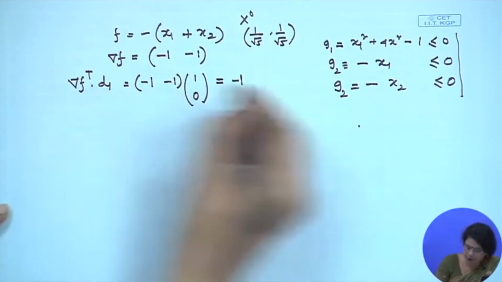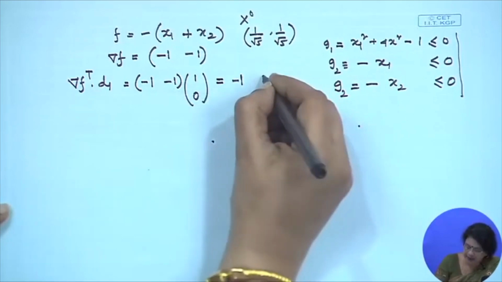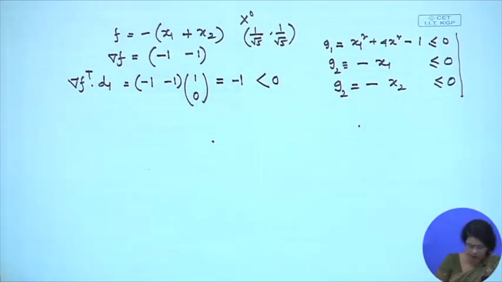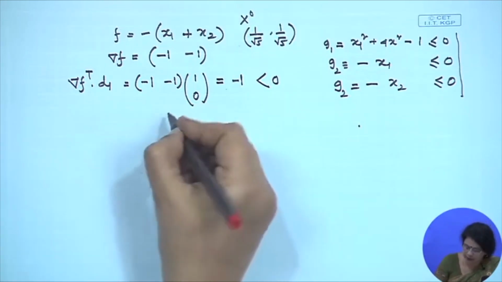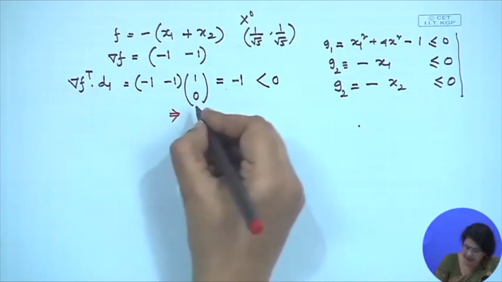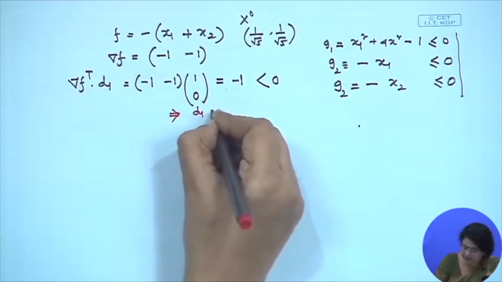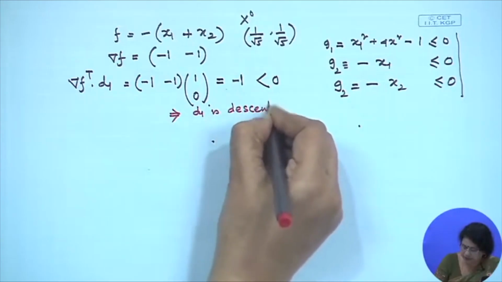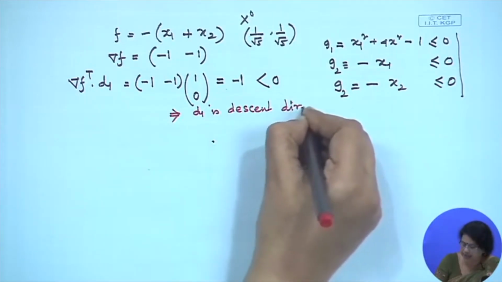Now, if I move in this direction, then this will become less than 0. Then what is the conclusion from here? We can conclude that this direction is the descent direction, because this is negative.